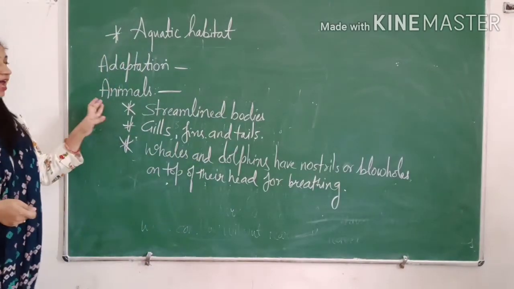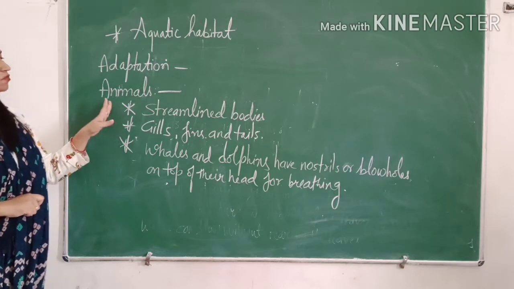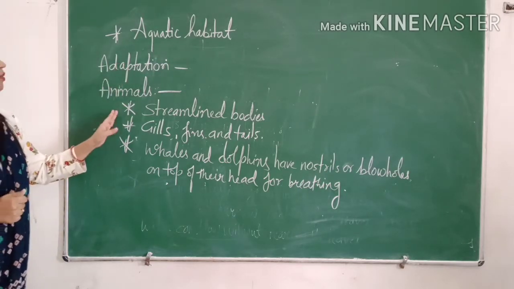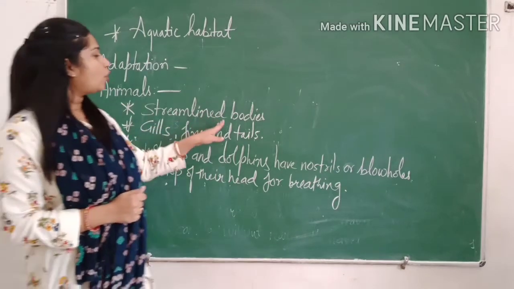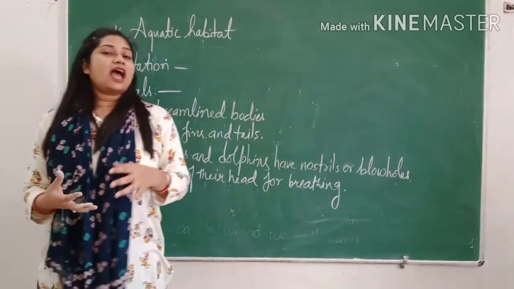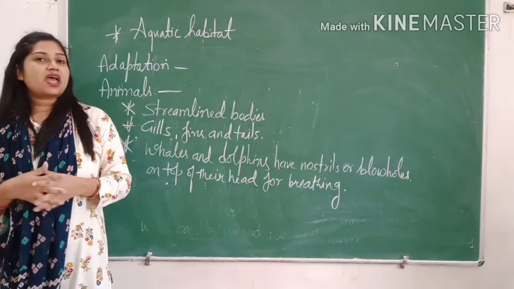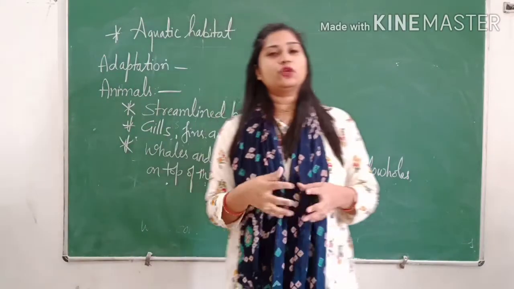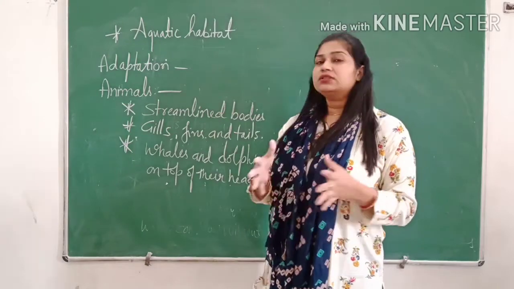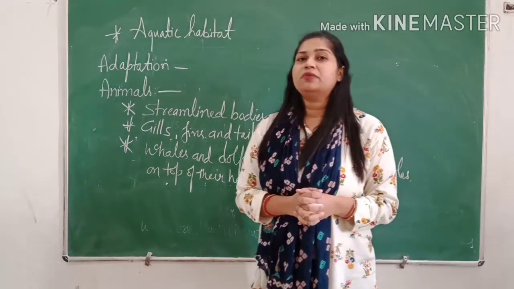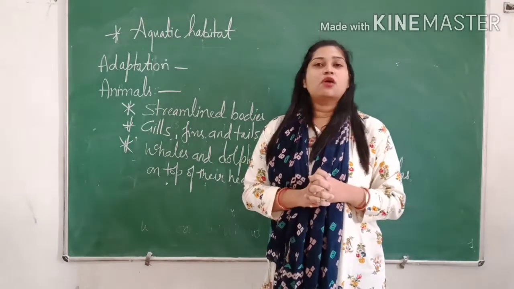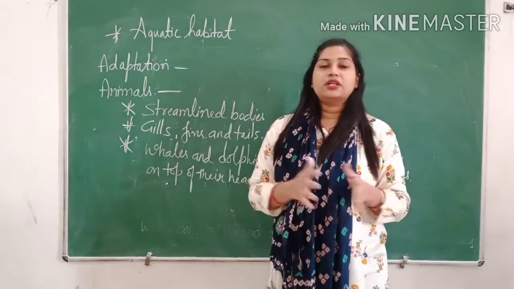Now in the case of animals, what are the features that help them to survive in a better way in this kind of habitat? Number one is streamlined bodies. Animals like fishes have streamlined bodies which help them to move easily through the water. Now what is a streamlined body? A streamlined body is a shape which is narrow at the front and broad in the middle.